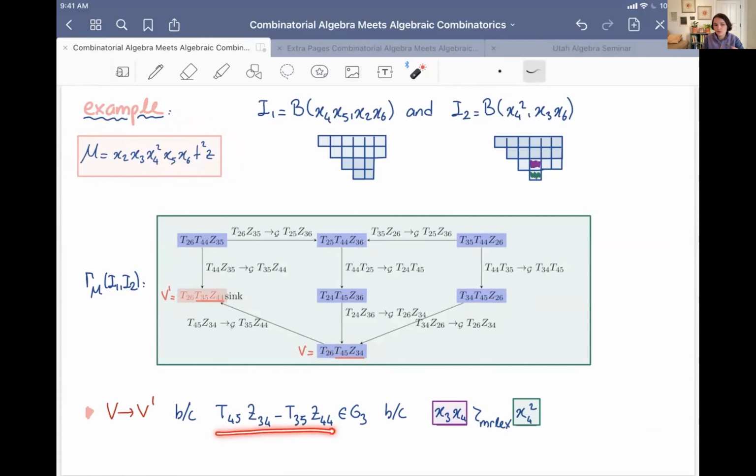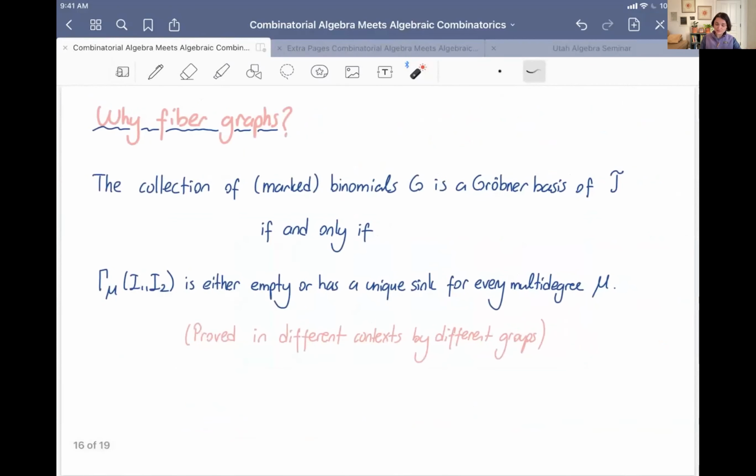So this is called a one-step reduction, like replacing parts of the things in V with things inside the second term in G3. So we create these edges. And we use fiber graphs because when these have a unique sink for every multi-degree, they give us that the collection that we started with is a Gröbner basis.